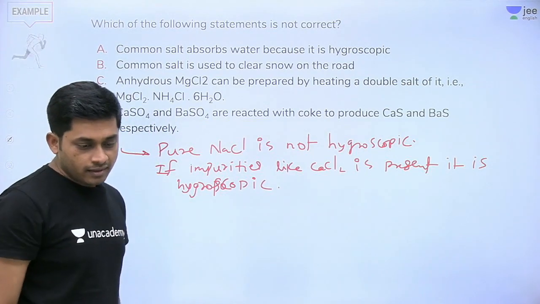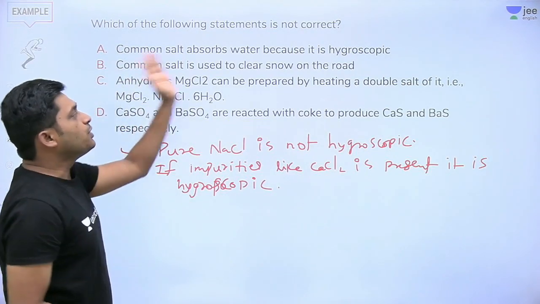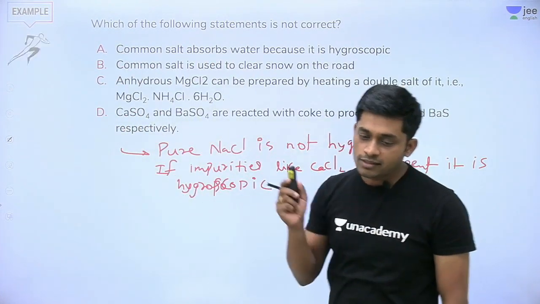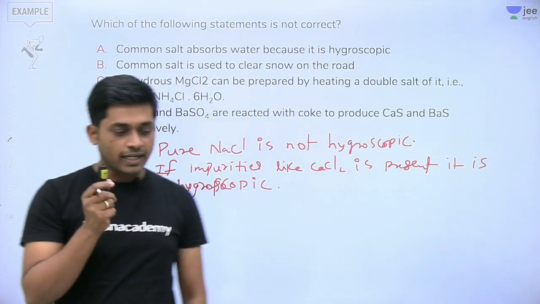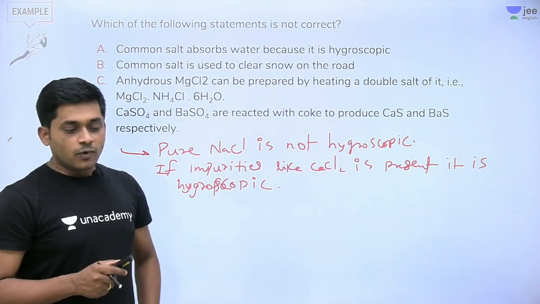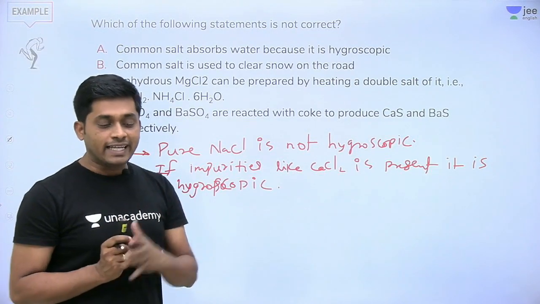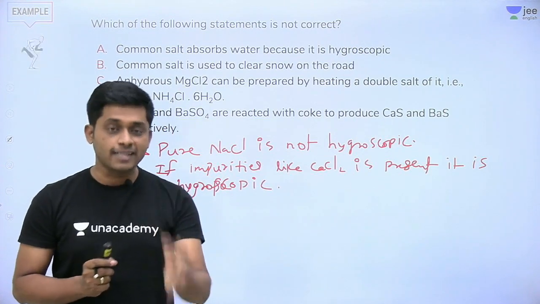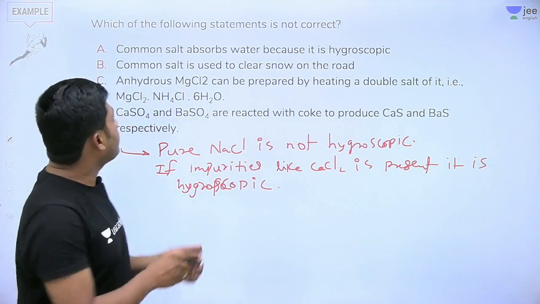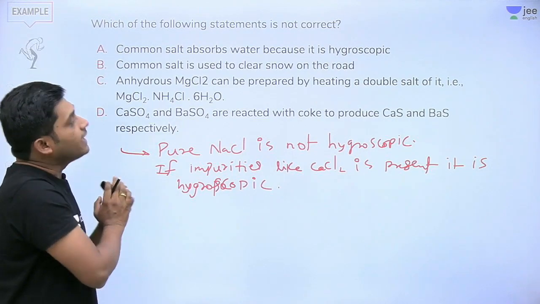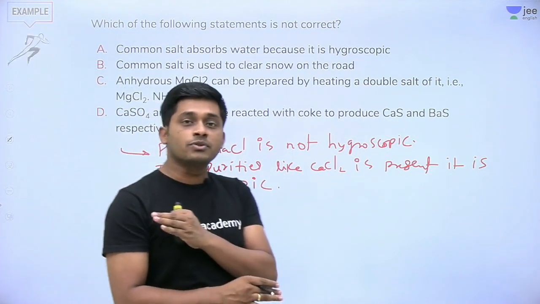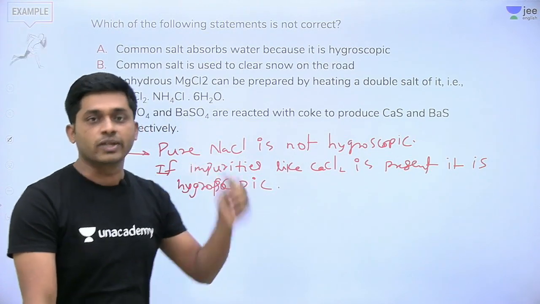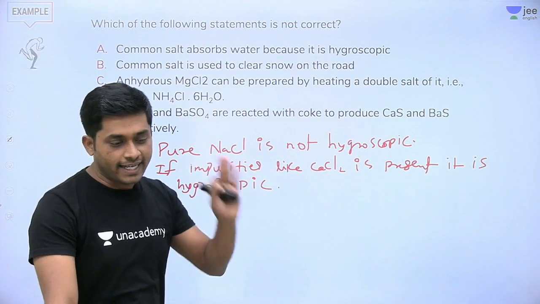Okay? Right? So it is used to clear snow on the road. What is the reason here? Anybody knows why we use NaCl to clear the snow? What will happen to the freezing point? Will it increase or decrease? Come on students. What will happen if I add sodium chloride to water? In cold countries, generally it is used to remove the snow.